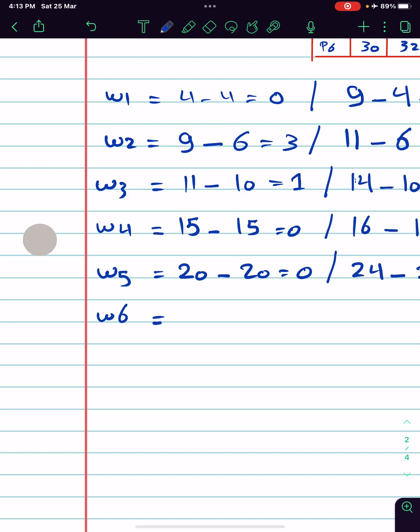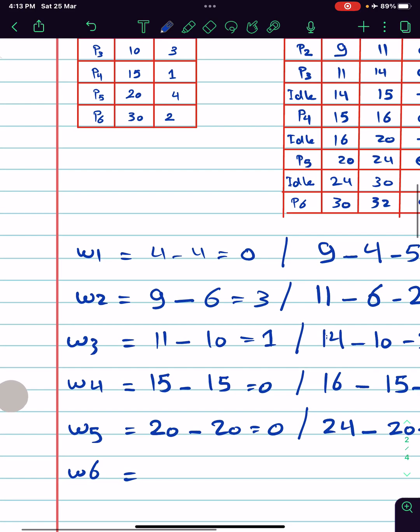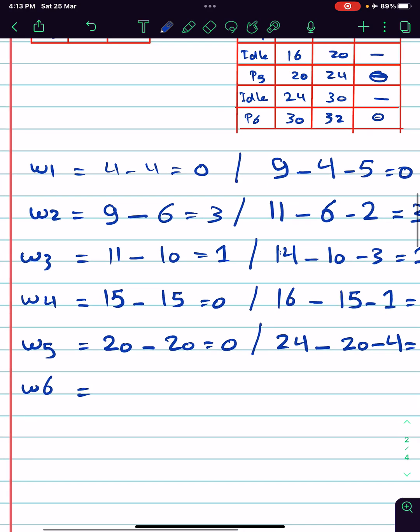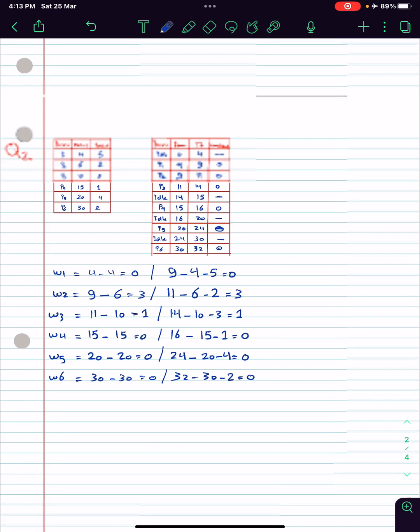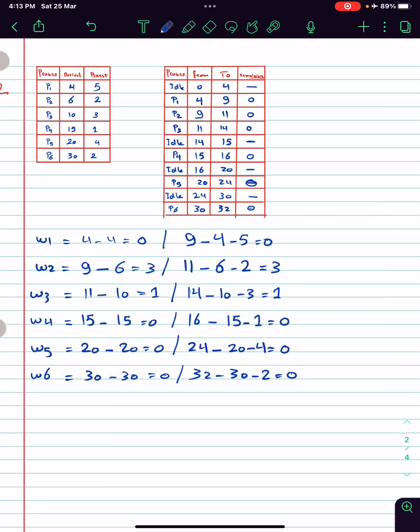W6, which is the waiting 6 here. Let me apply the first equation first. It started at time 30 and arrived at time 30, that would be a 0. It finished at time 32, arrived at time 30, and the burst is 2, that would be a 0. Of course, as you can see, it has to be exactly the same values.